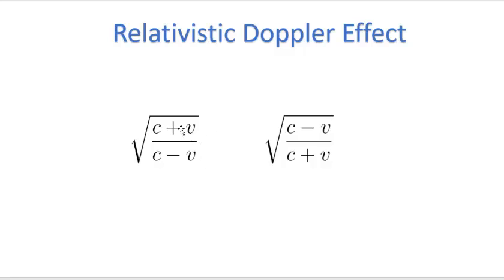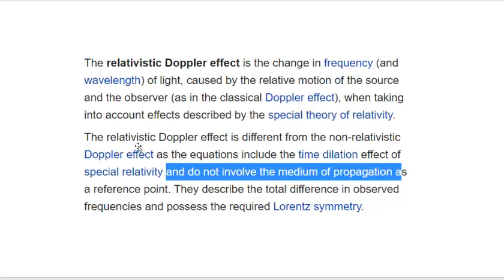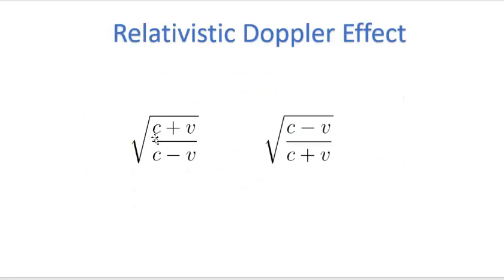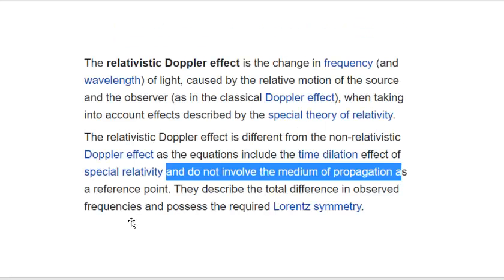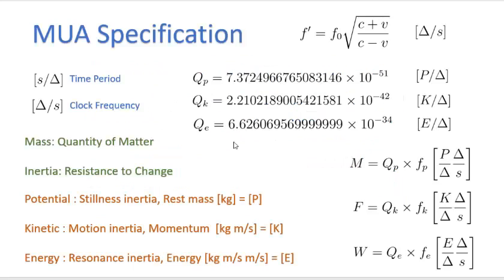So I think it's a little disingenuous for them to say that the relativistic Doppler effect does not involve the medium of propagation, because the medium of propagation is in the equation. When I hear things like that, it kind of makes me want to go, what? But anyway, that is the relativistic Doppler effect.